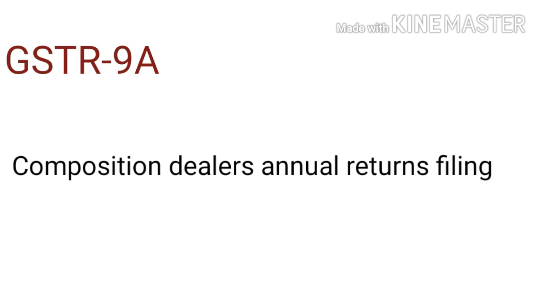GSTR 9A is an annual return filed by a composition dealer containing details that relate to the quarterly returns filed by him during the year across 4 quarters, and this needs to be furnished on or before the 31st day of December following the end of such a financial year.